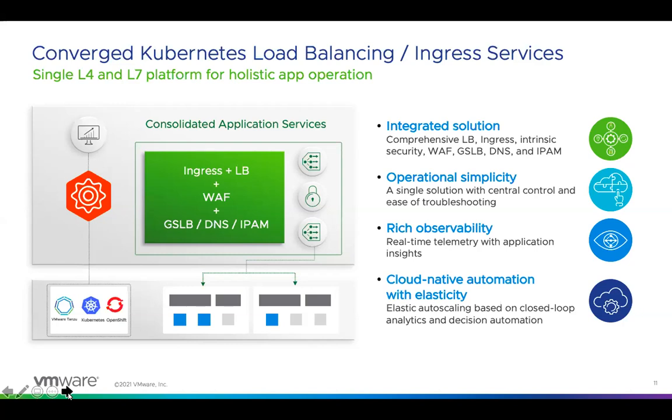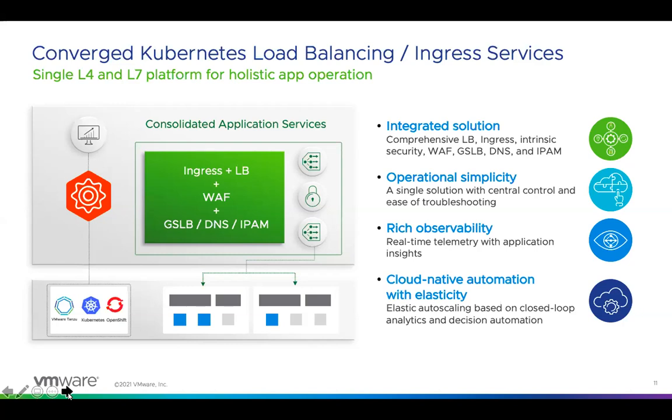This gives operational simplicity so that your teams do not have to manage disparate solutions one at a time. And this brings together the dashboards of all of these features into one product, so that you have end-to-end observability to debug your applications.